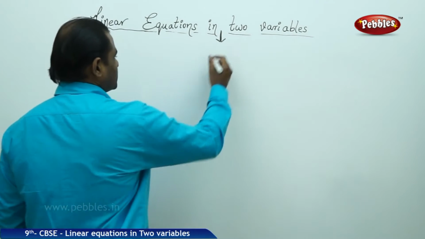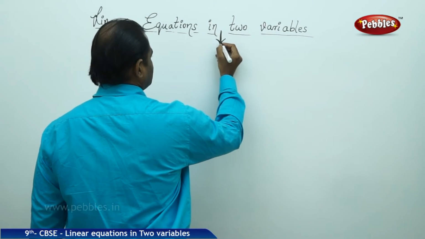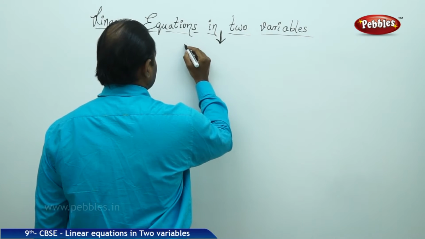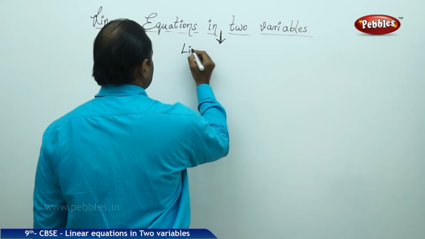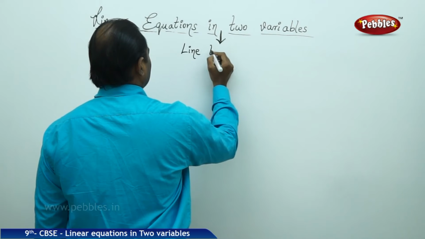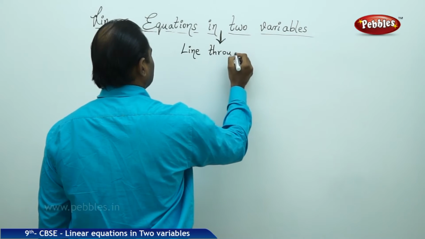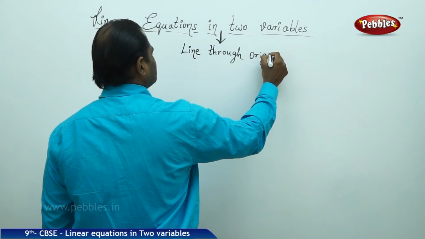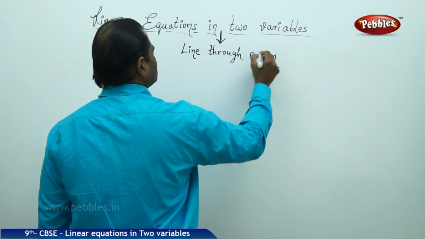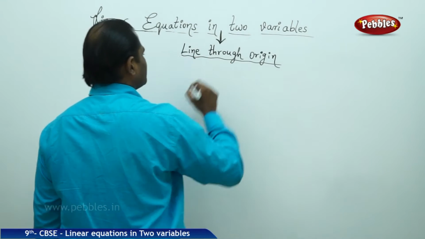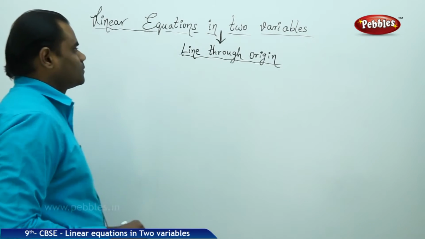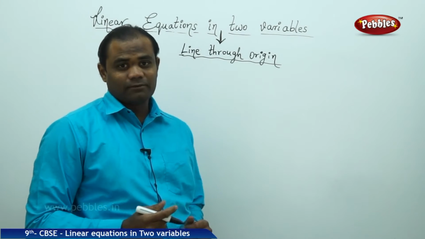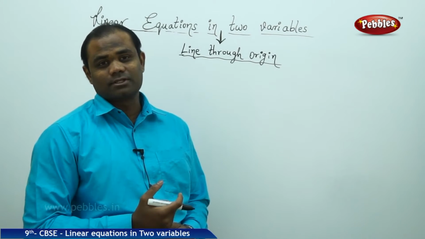So this first special case is a line through origin. A straight line is said to pass through origin if it has its constant 0.